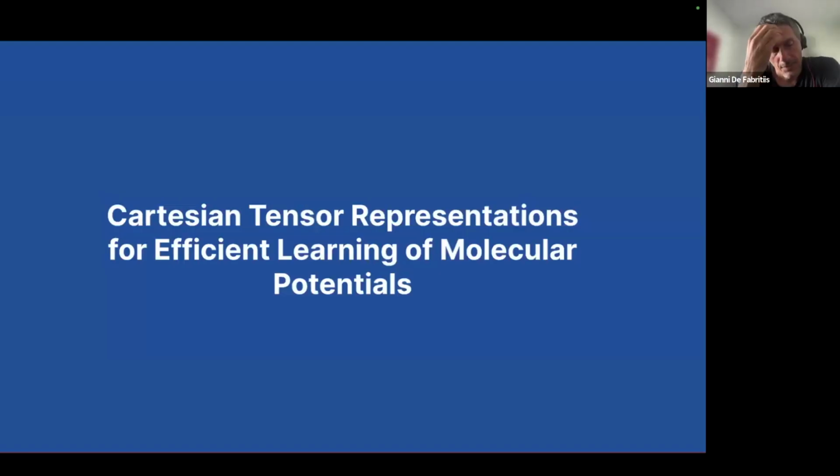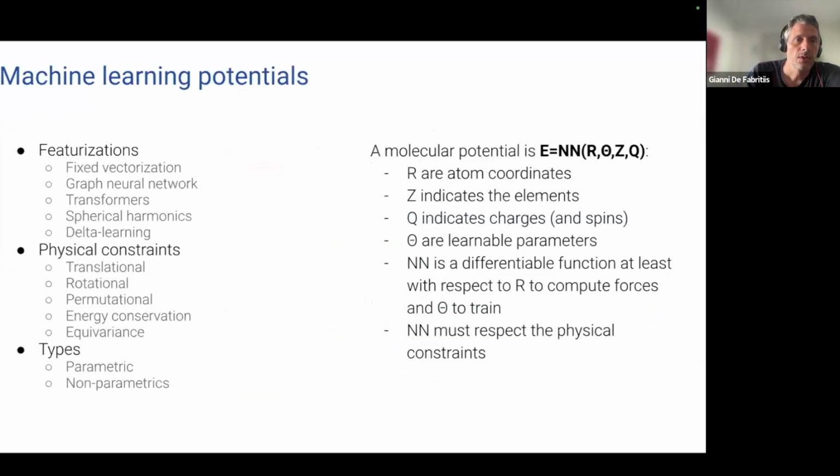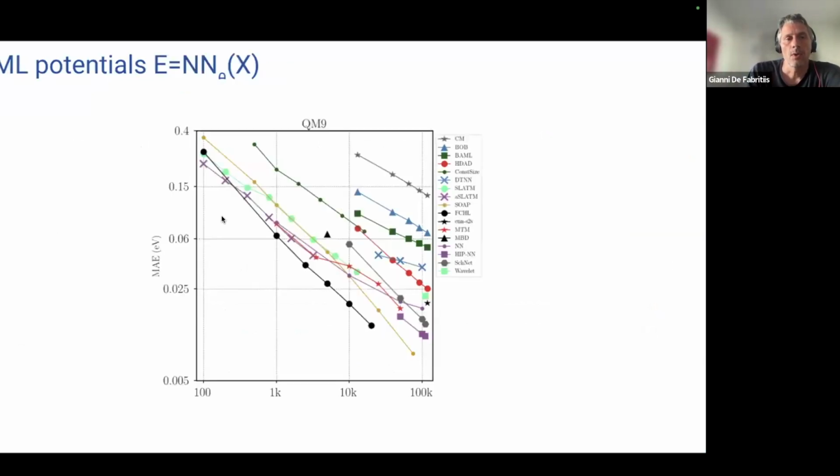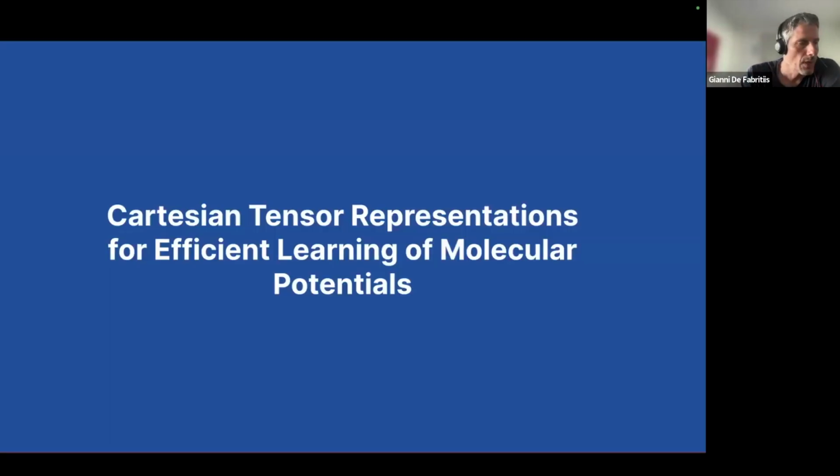Okay, so one of the first things we tried to do was to develop a Cartesian tensor representation. As I show here, you can have many featurizations. Some particularly effective methods are based on spherical harmonics. Spherical harmonics are totally fine, and probably okay for materials, but they are just too slow for biomolecular simulation.